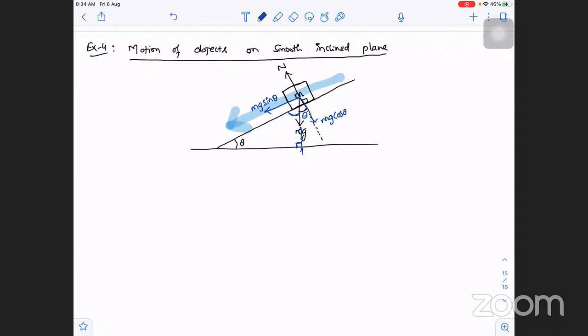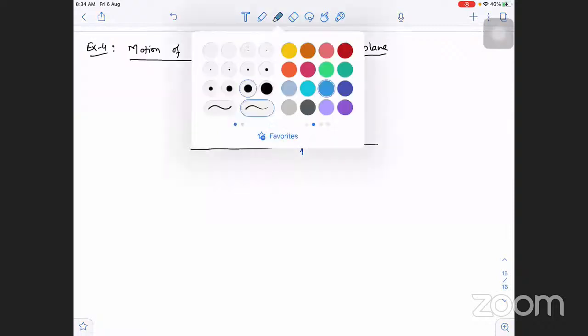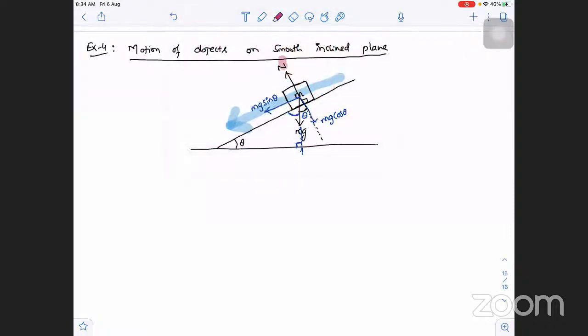Now tell me, which forces will cancel out? The forces which are perpendicular to the inclined plane will cancel out. See, along the red color direction, the object cannot move. So can I say that the object is in equilibrium along this line?